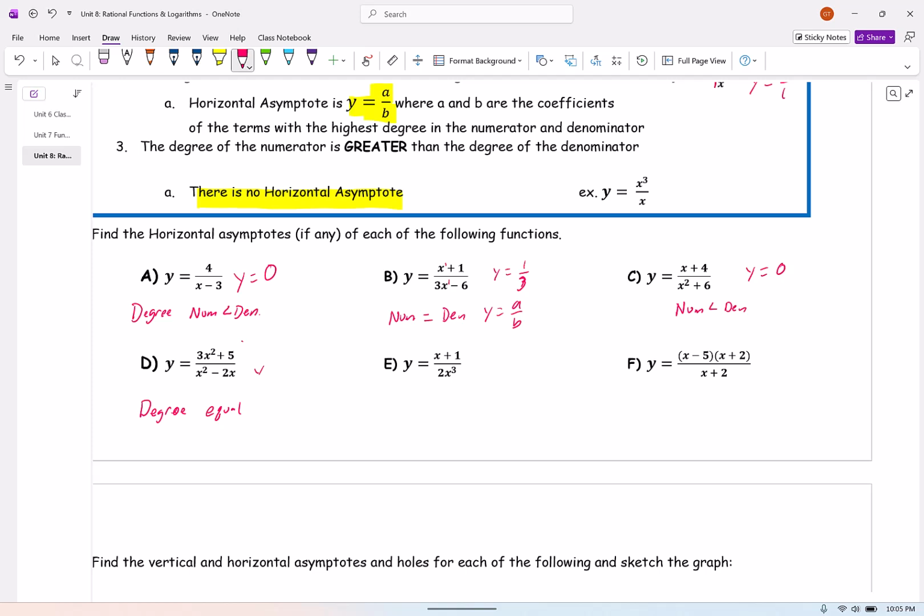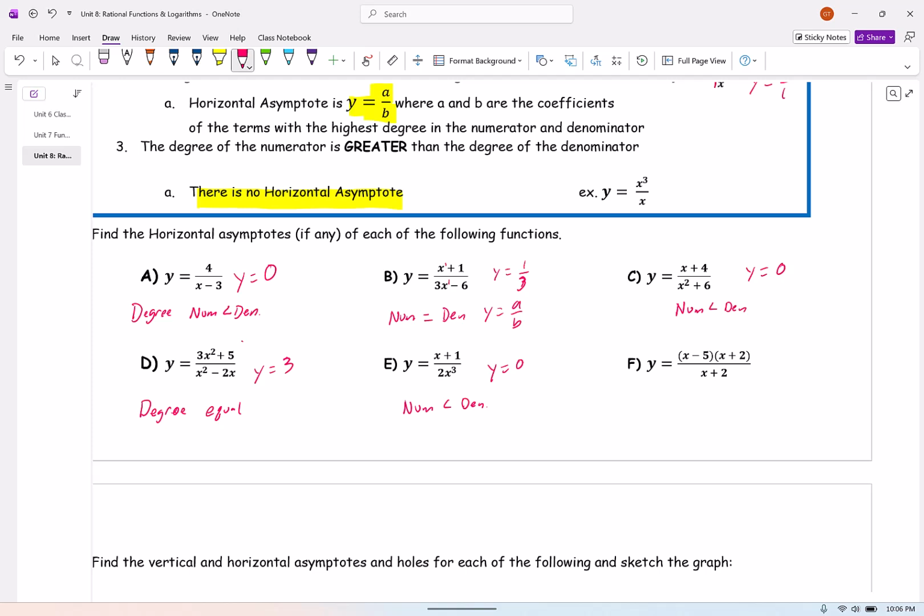Therefore, it's going to be a ratio of coefficients, so 3 over 1, or just y equals 3. All right, I see that the numerator is less than the denominator. And just like the examples before, that means that it's going to be y equals 0.